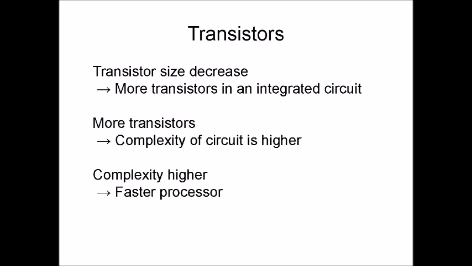As technology progresses, the size of a transistor is becoming smaller and smaller. And that means the number of transistors in an integrated circuit becomes larger, the complexity becomes greater, and the speed becomes faster. With current technology, the size of a transistor is smaller than the tip of a human hair. You may find over billions of transistors in one integrated circuit.